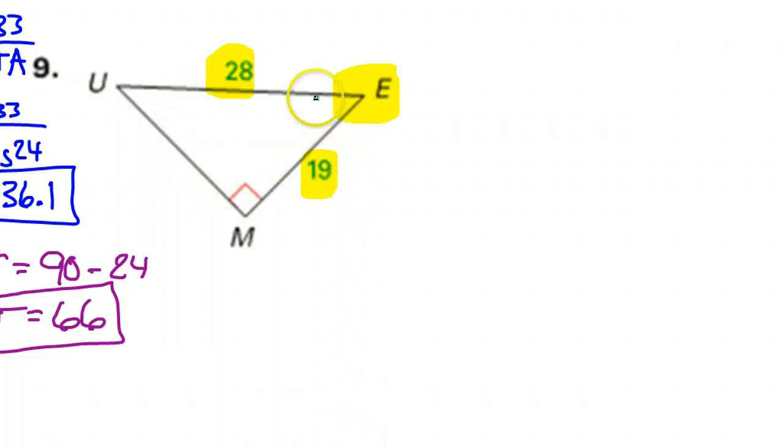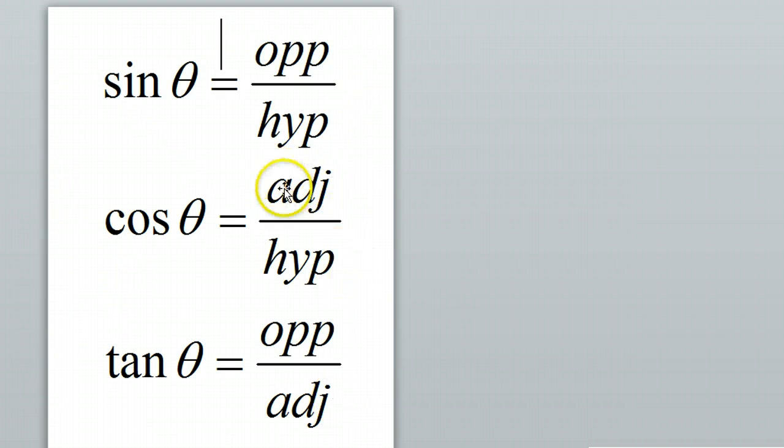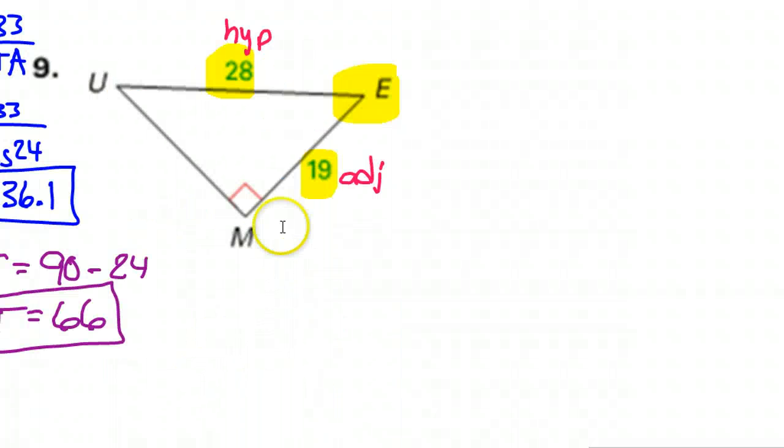It helps to understand that this 28 is the hypotenuse, and this 19 is the adjacent leg. Adjacent leg and hypotenuse. Have you memorized this, or do you still have to wait for the cheat sheet? Adjacent leg and hypotenuse, well, that's the cosine function.